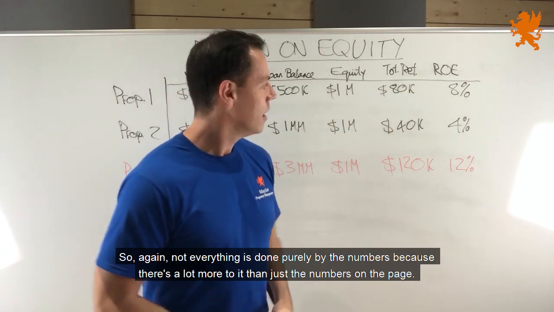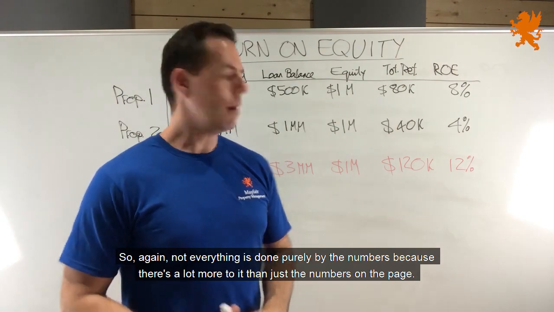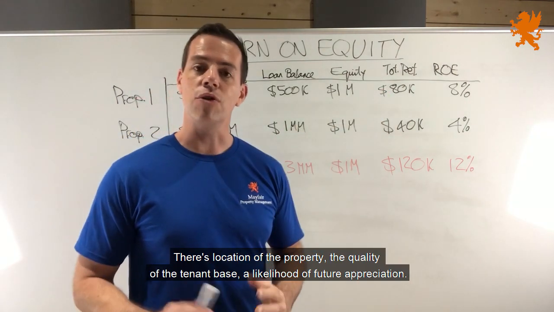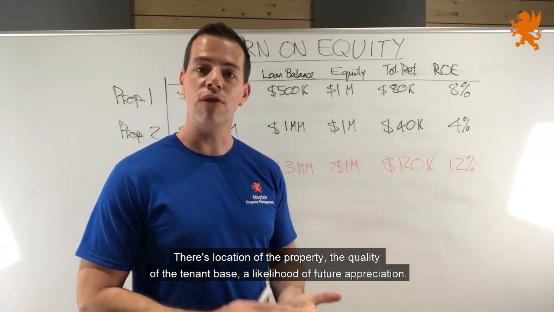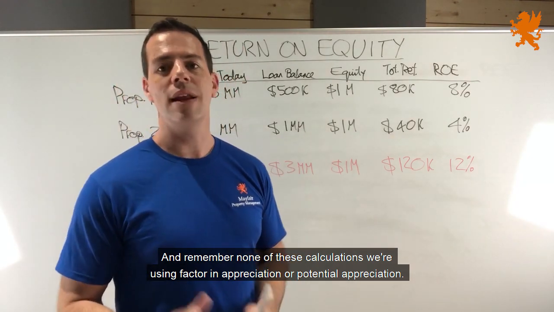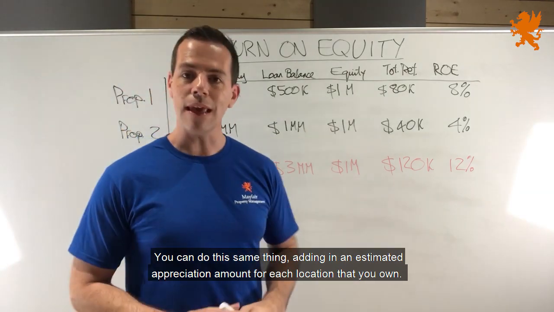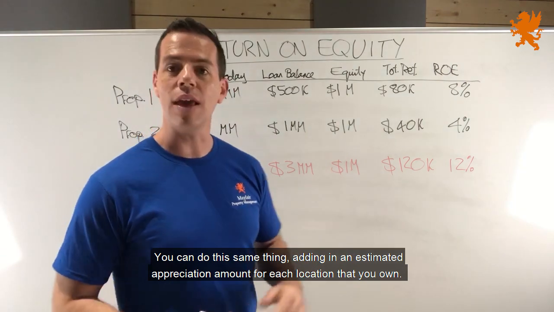So again, not everything is done purely by the numbers, because there's a lot more to it than just the numbers on the page, right? There's location of the property, the quality of the tenant base, likelihood of future appreciation. And remember, none of these calculations we're using factor in appreciation or potential appreciation. You can do this same thing adding in an estimated appreciation amount for each location that you own, right?